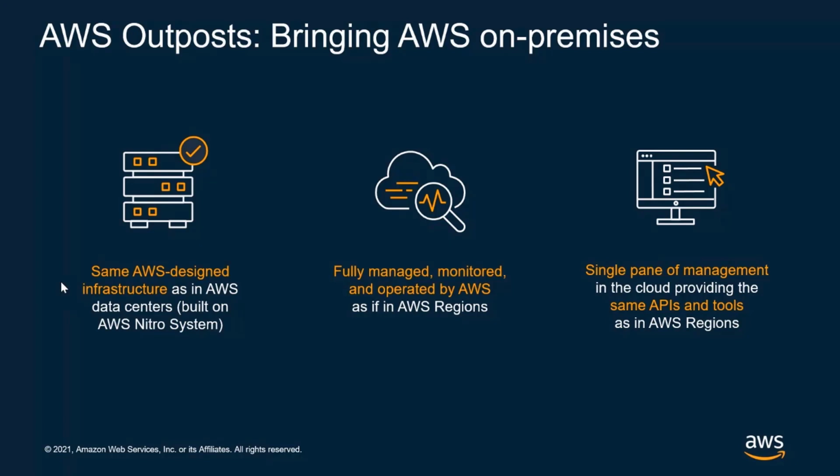So that also has a lot of security implications, as well as leveraging a lot of the same security mechanisms that you'd use in an AWS region. And ultimately, what you get is a single pane of management in the AWS region, providing the same APIs and tools as in AWS regions, even if Outpost is deployed in your data center in a country where we don't have AWS regions.